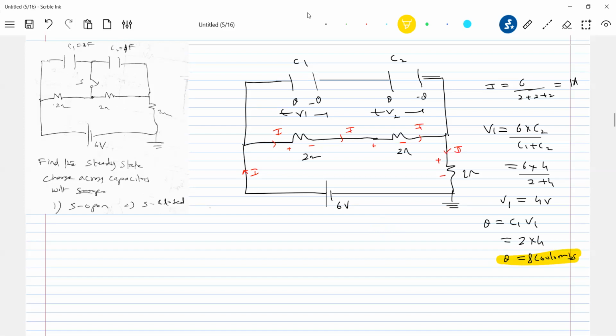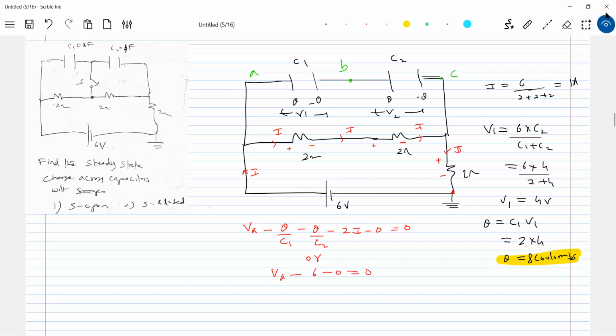If I ask you to find the potential at point A, point B, point C, what is the method? KVL. So apply KVL: VA minus Q by C1 minus Q by C2 minus 2 into I equals 0. Why should I write 0? Because the potential of earth is 0. Or you can do one thing simple, take another path: VA minus 6 minus 0 equals 0.